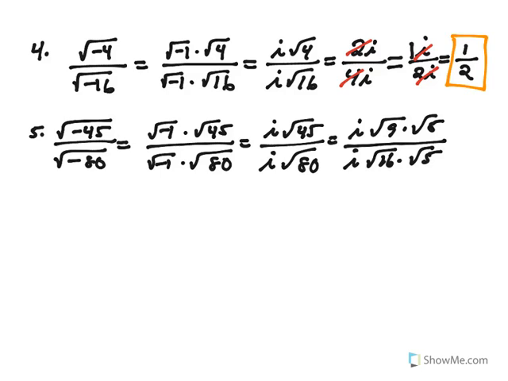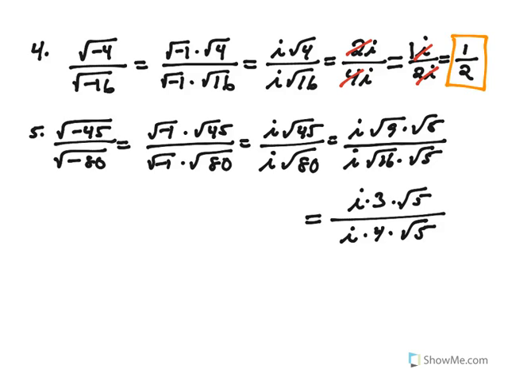And then now go ahead and simplify this. Okay, so we have i, the square root of 9 is 3. Let me write the equal sign in a better place here. Square root of 16 is 4.